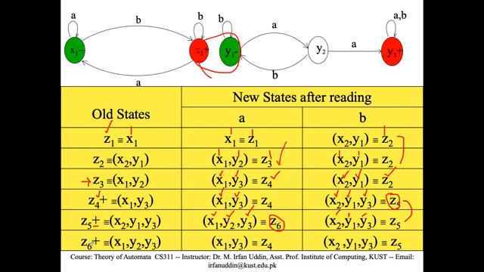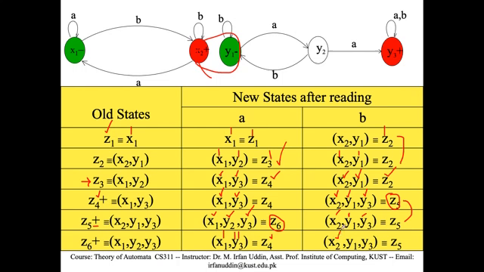Now there is Z6, which contains X1, Y2, Y3. X1 reading A, we go to X1. Y2 reading A, we go to Y3. And Y3 reading A, we end up at Y3. So it's the same as Z4. Now X1 reading B, we go to X2.